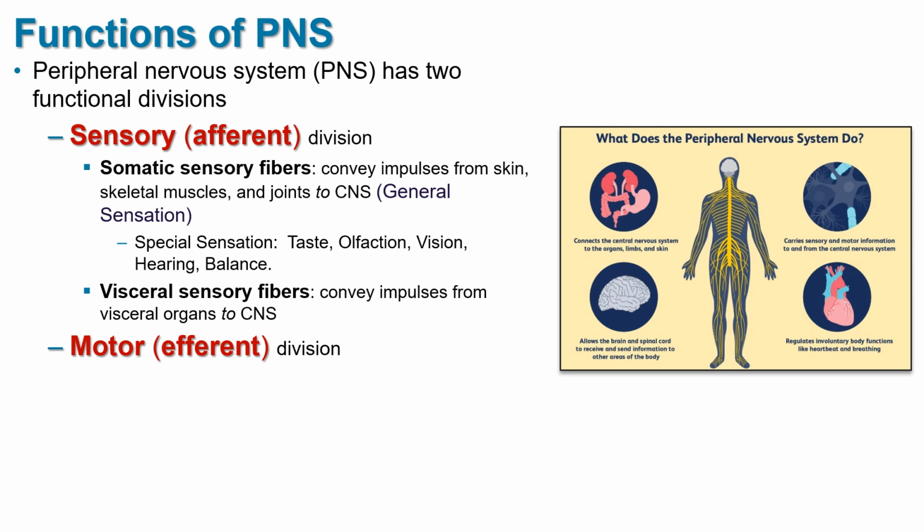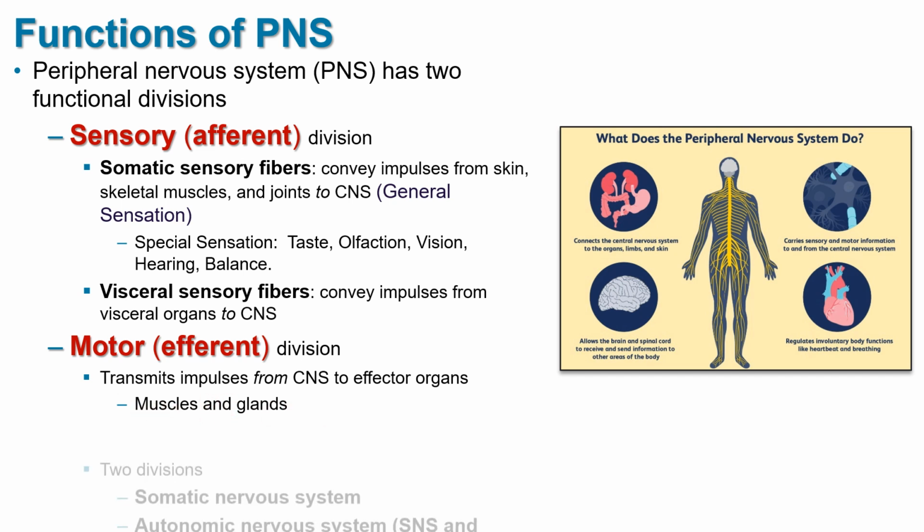These normally don't reach the level of conscious perception unless they are particularly significant or there are additional sensory inputs above and beyond the basic information about what's going on. So these are called visceral. These are subliminal.